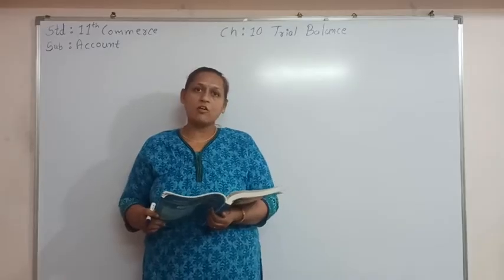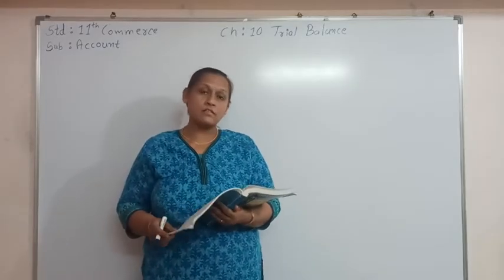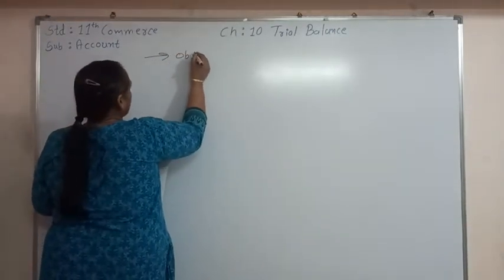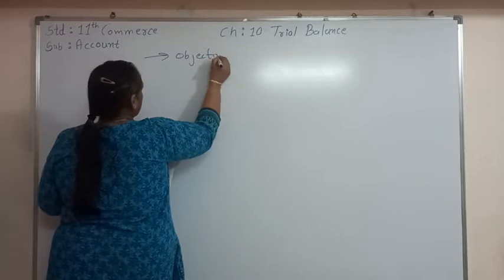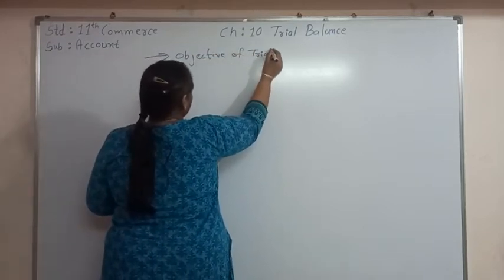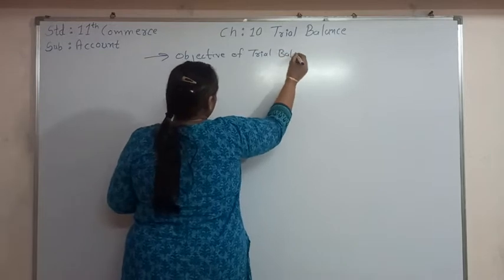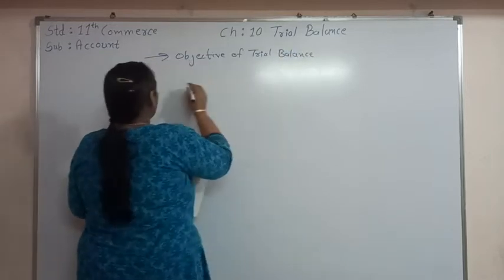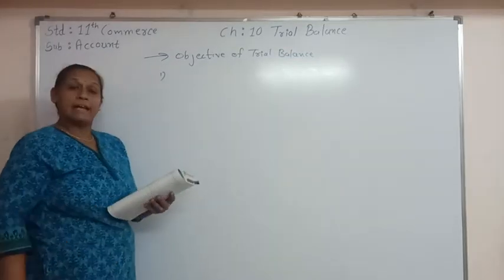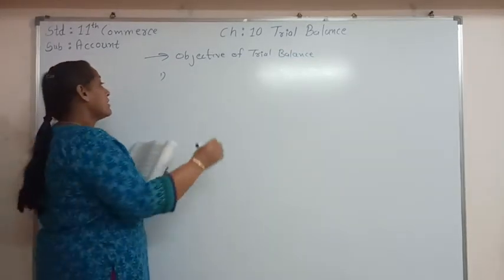Let's see the objectives of trial balance. Here, the very first objective of trial balance is arithmetic accuracy.